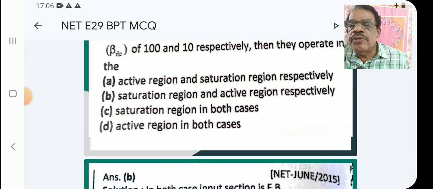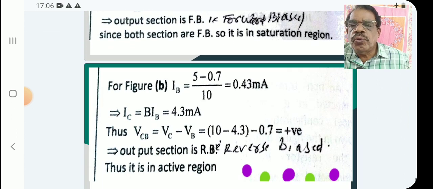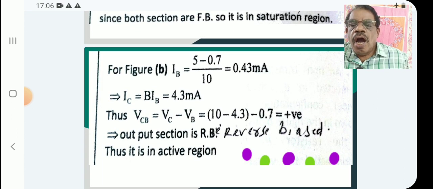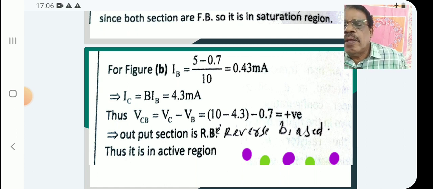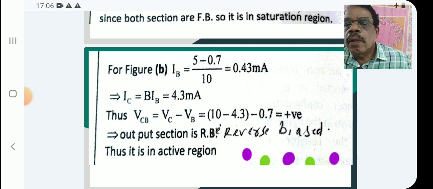For the second circuit, figure B, IB is equal to 5 minus 0.7 by 10, that is 0.43 mA. IC equal to beta IB, that is 4.3 mA, 10 into 0.43, where beta is 10. VCB is equal to VC minus VB, 10 minus 4.3 minus 0.7, that is positive.